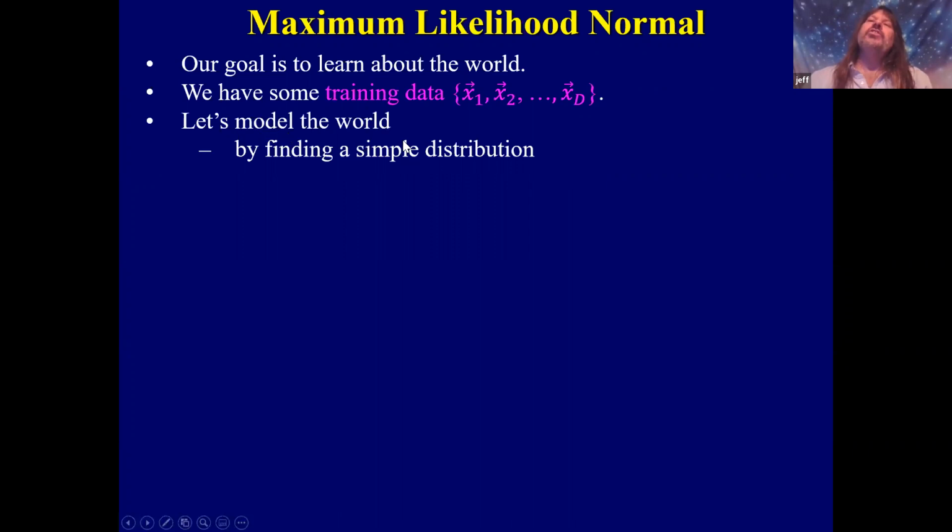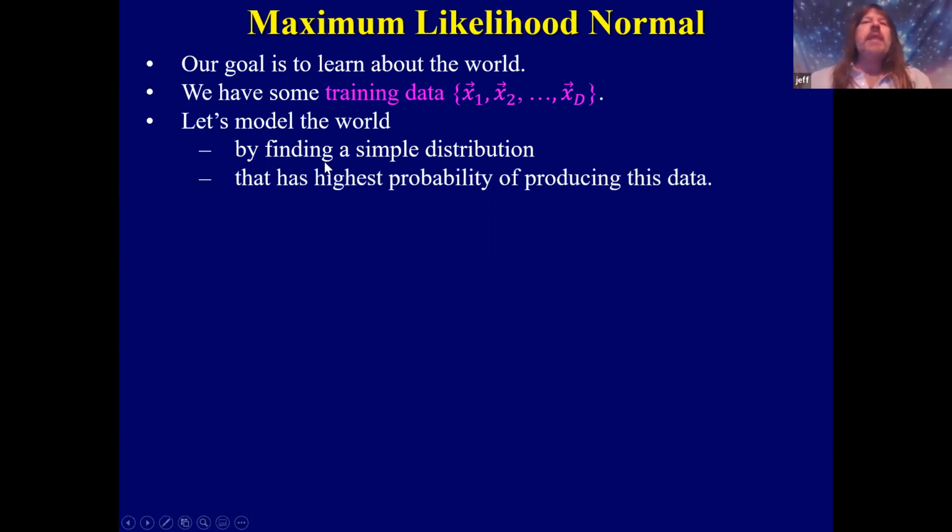And so the way we're going to do it is we're going to name various simple probability distributions. We're going to name a lot of different probability distributions, but they'll all be simple. And of all those many distributions, we want to choose the one that maximizes the probability of getting this data, right?